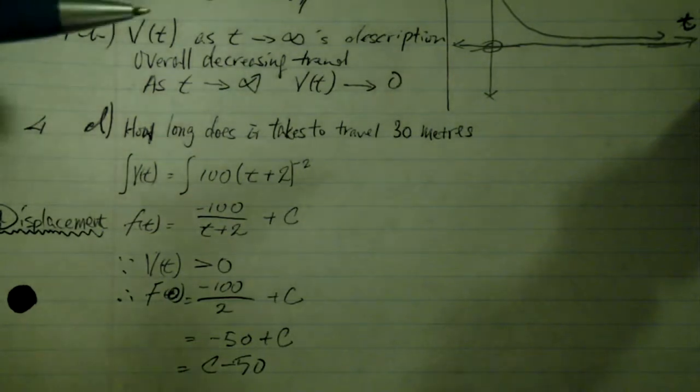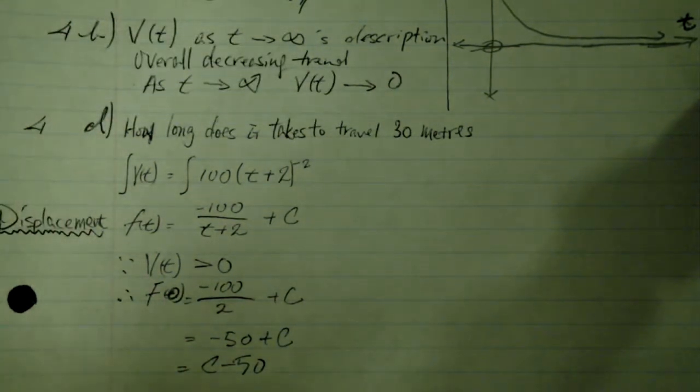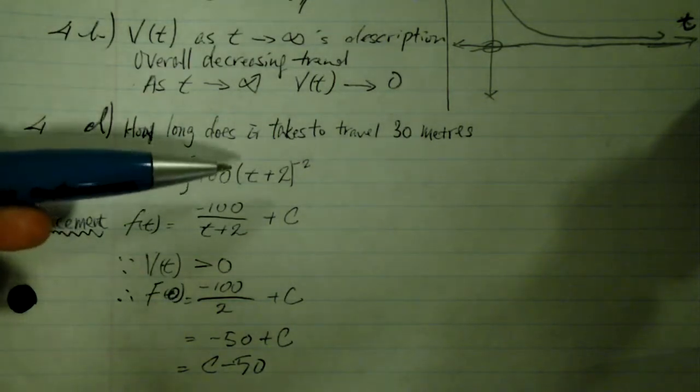Now, distance means that we are looking for a displacement function, which is the original function of this equation. Not the velocity, but displacement. Hence, what we need to do is a big thing in this chapter, which is integration.